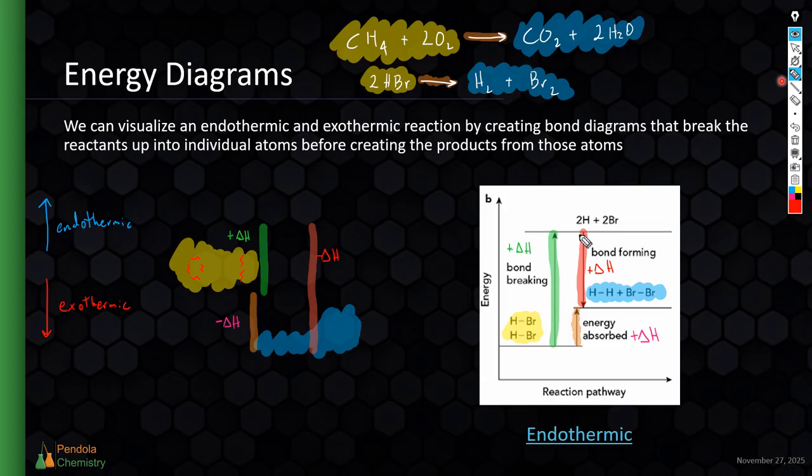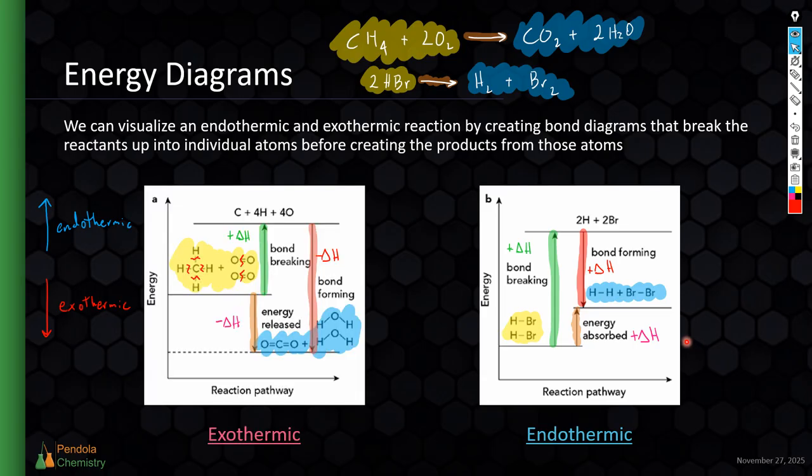Because the bond breaking requires more energy than the bond formation releases, or another way to put that is because the endothermic process absorbs more energy than the exothermic process gives off, in total, the reaction absorbs energy, because there's not enough energy released by the bond formation to make up for all of the energy used during bond breaking. And so our enthalpy change, in total, is positive.